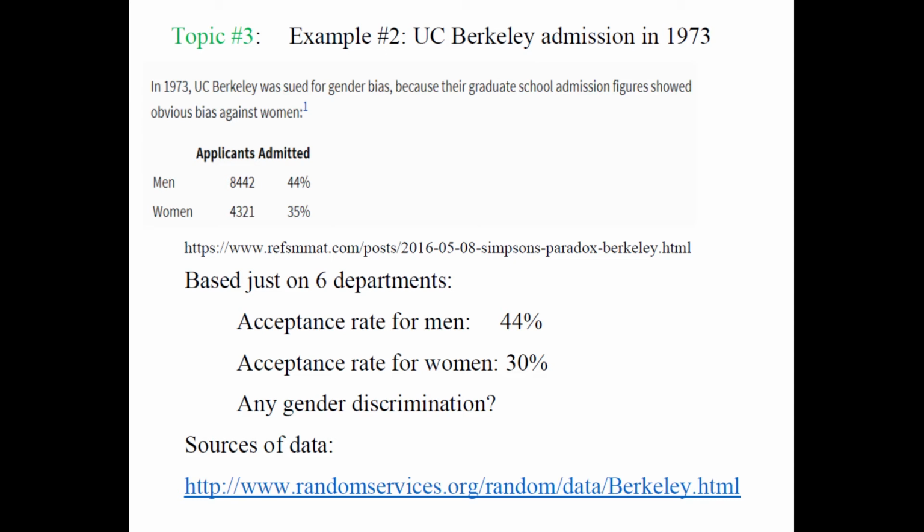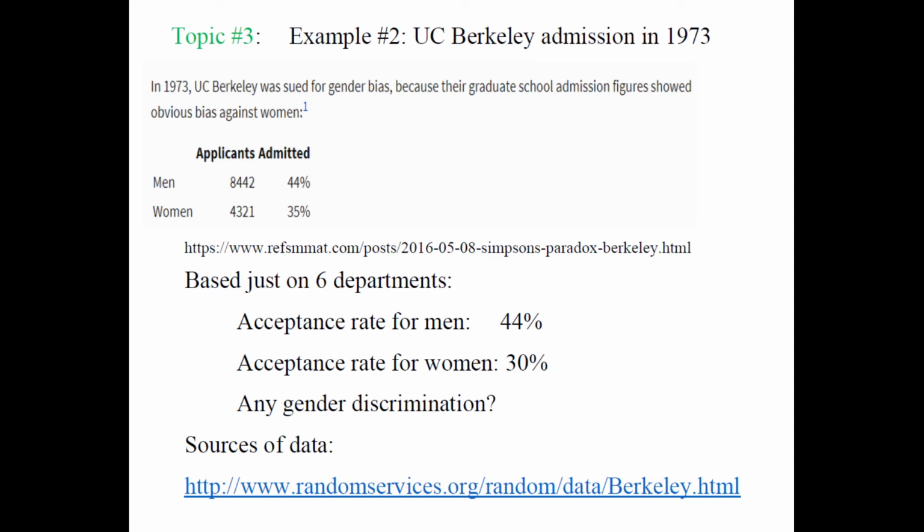So actually look at here, admitted: 44% for men and 35% for women. Based on just the 6 departments, so this is 44% versus 30%. I call this aggregate data. Okay, we have data based on 6 departments.